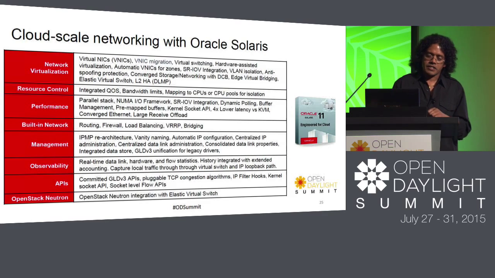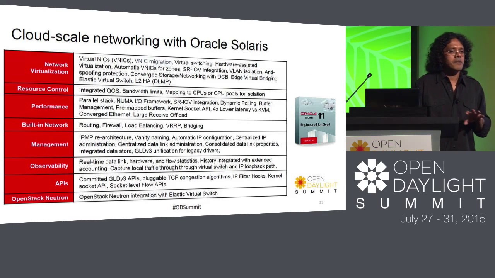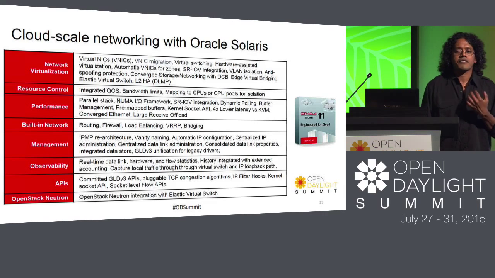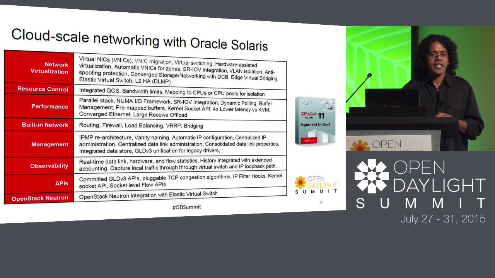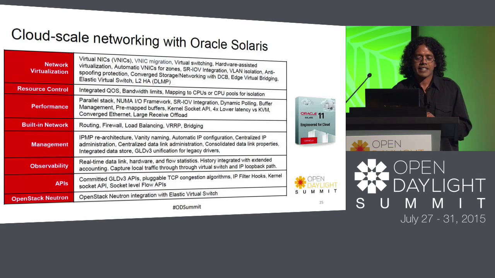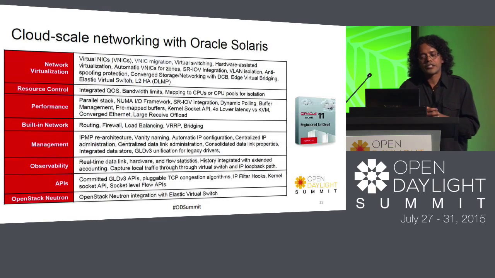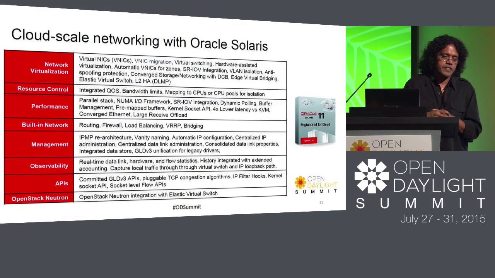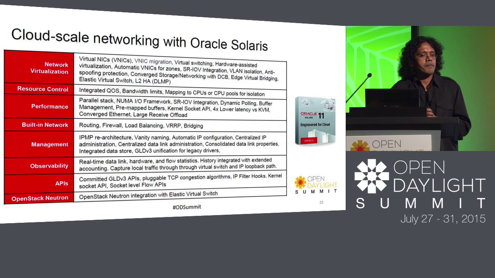I don't expect you to read this either, but this talks about the networking functions that Solaris has provided for some time now, right from the last release onwards. That makes it very relevant to being in a virtualized setup, and also to working with SDN specifically.